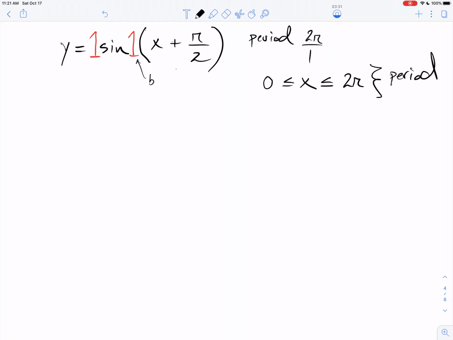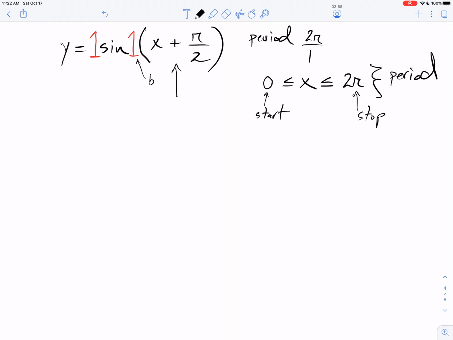Well, here's where this part's going to come into play. When we see that we have a phase shift incorporated into the problem, we're going to handle it this way. See, this is where my graph would normally start. This is where my graph would normally stop if I was just going to graph one period of this function.